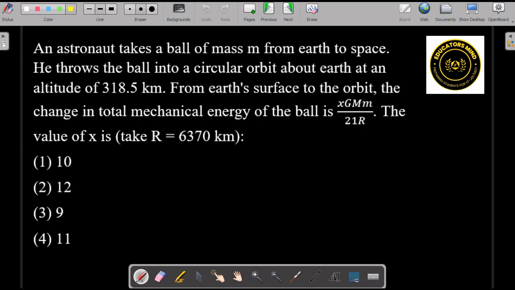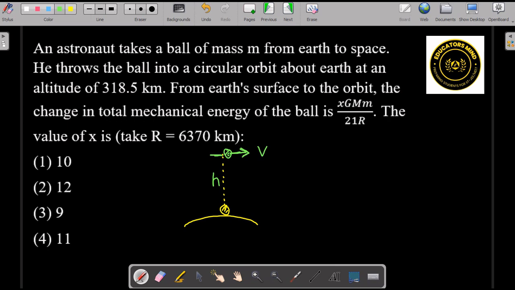An astronaut takes a ball of mass m from Earth to space. So from the Earth's surface, a person has taken a ball, and the astronaut throws the ball into a circular orbit at some altitude above the surface. So above some height h, he is throwing it with some speed, right?